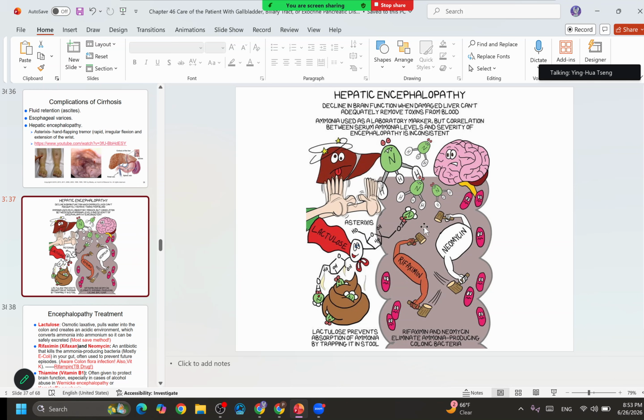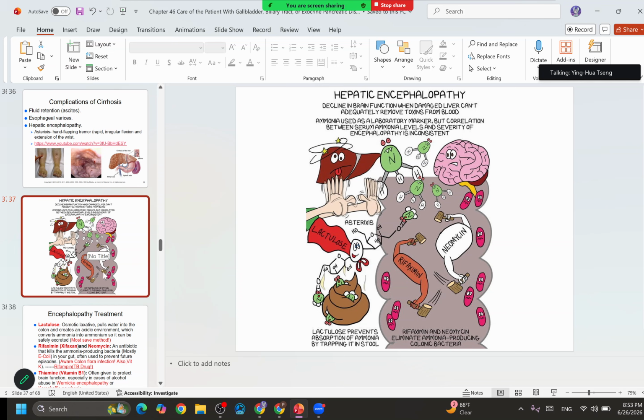So we don't want the bacteria to convert the ammonia. We use the antibiotic to kill the bacteria in your colon, so the ammonia has no chance to be converted.